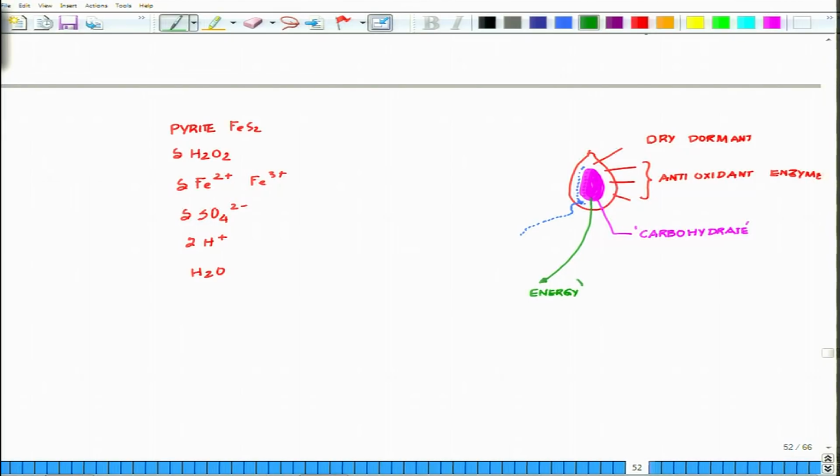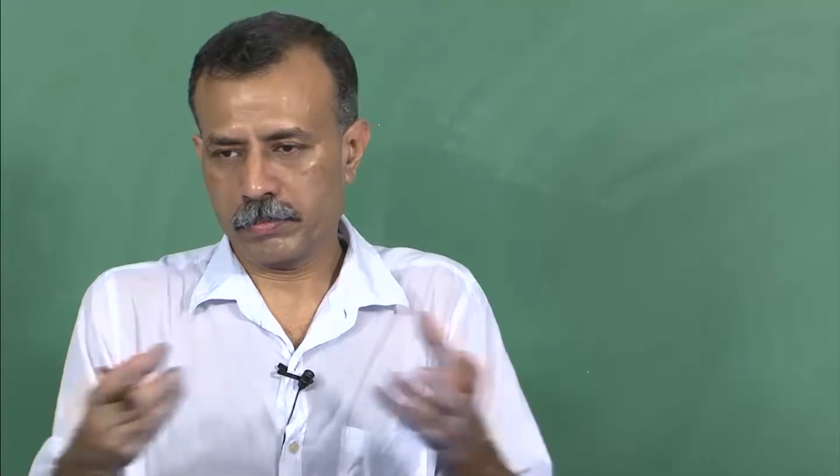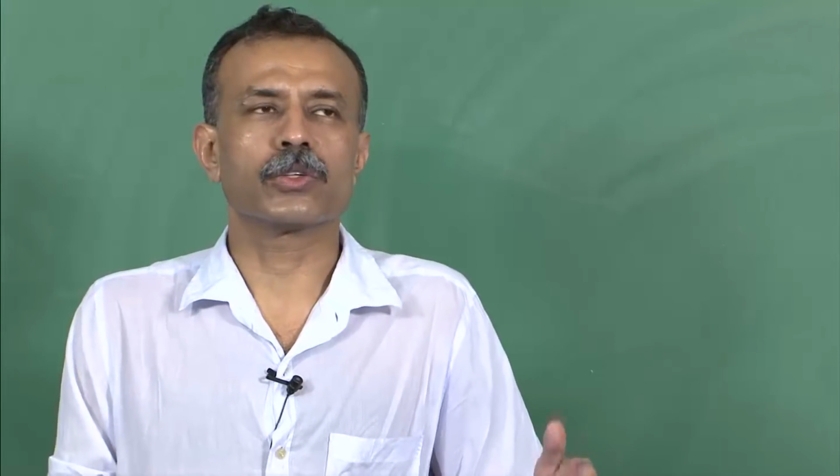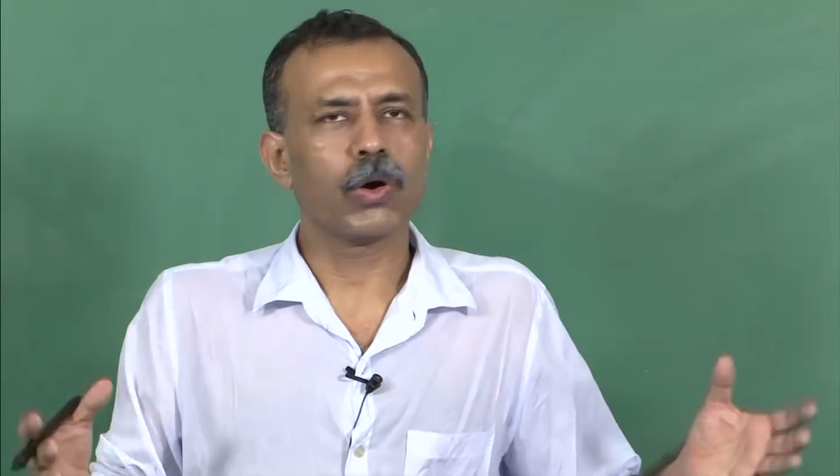Now, what is breaking down the carbohydrate? The enzyme. So, those of you who have forgotten, carbohydrates are long chains of glucose, galactose, mannose, and all sorts of things.